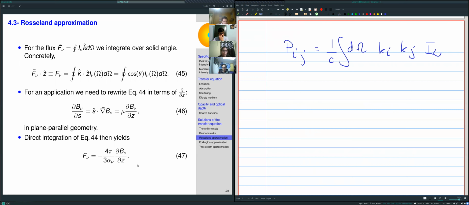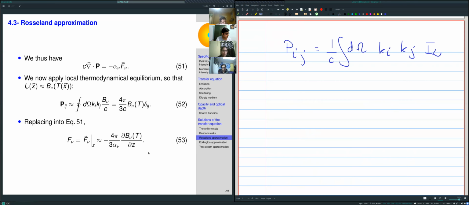So that was the previous derivation from Rybicki and Lightman, where we assume plane parallel geometry and isotropic scattering. Here we get the same expression, except that we do not need the plane parallel approximation, and we only require forward-backward scattering symmetry. Okay, so I'm sorry it took me so long.